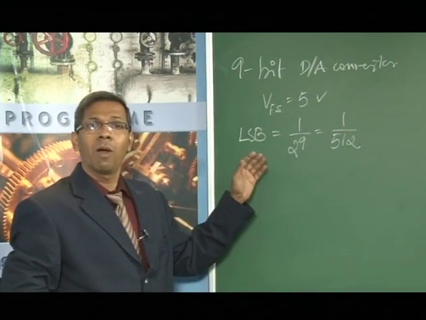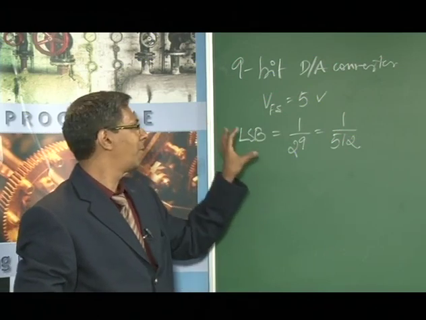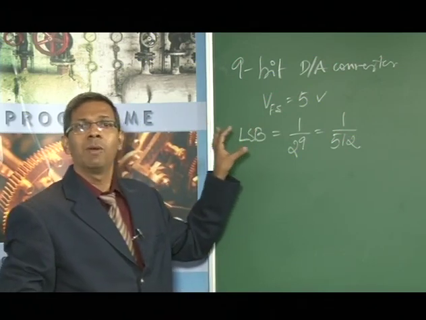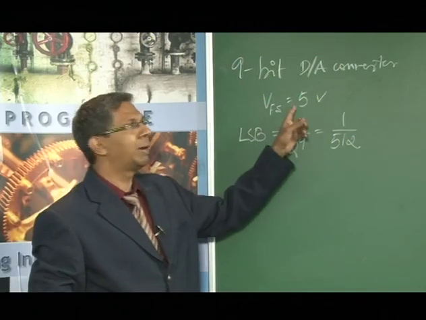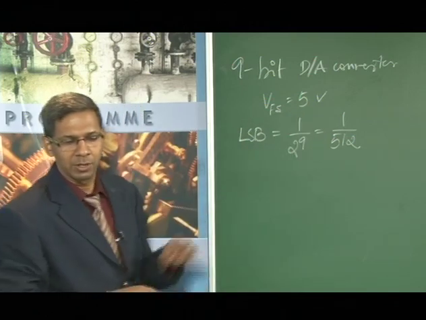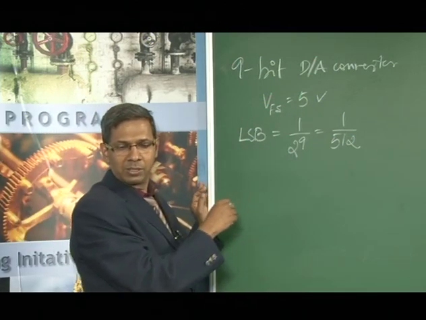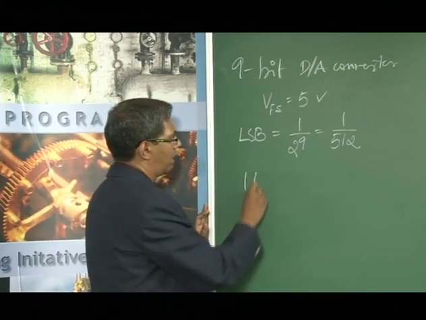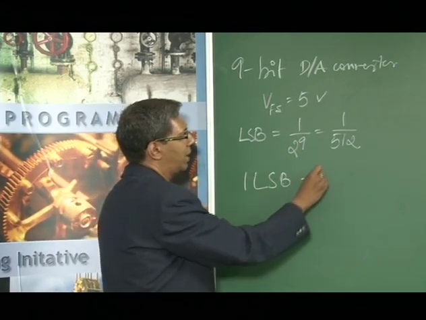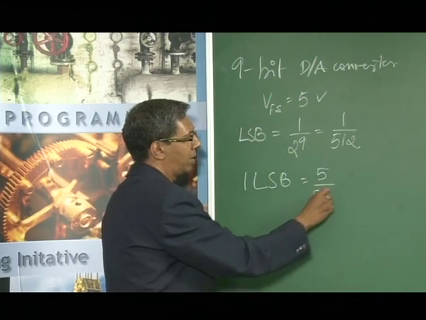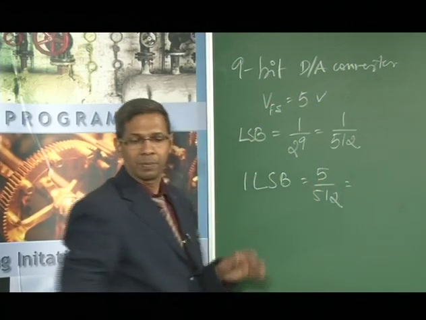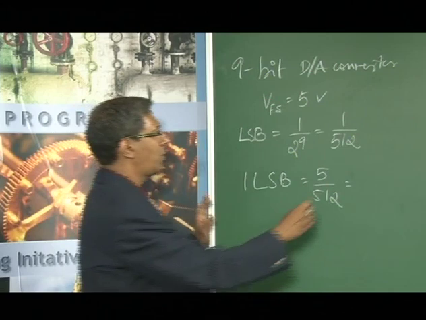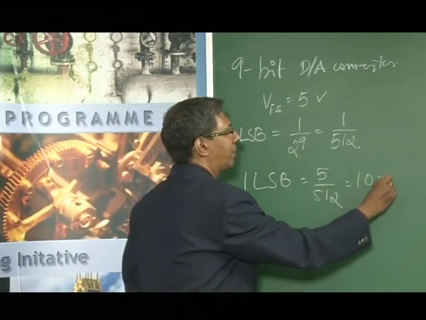Now what about the value of this? This is the weight of the LSB. To get its value, you have to multiply it by the supply voltage, so the actual value is 5 upon 512. This happens to be around 10 millivolts.